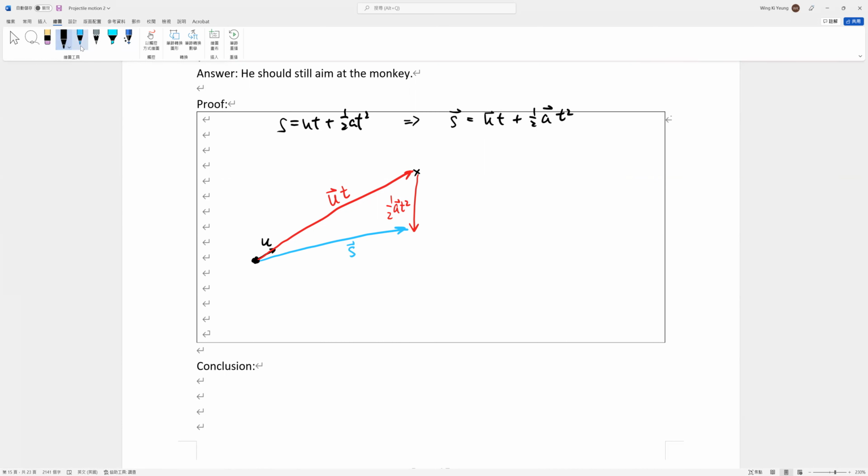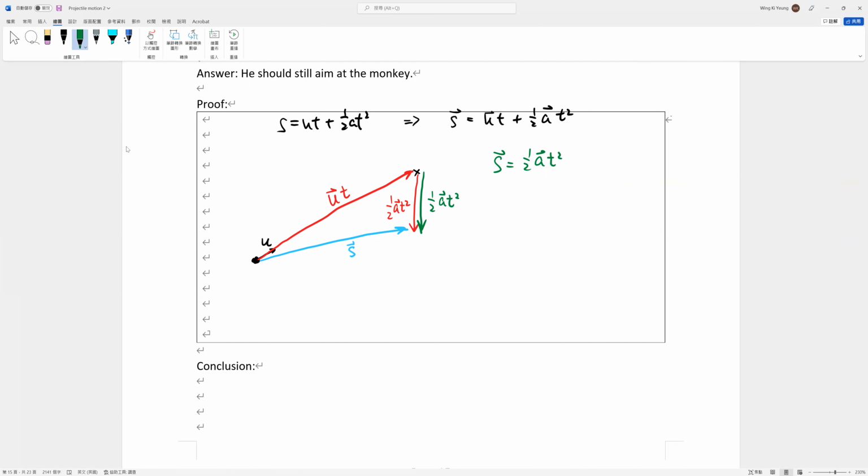And then the monkey is just free falling. So for the monkey, it has no initial velocity. The displacement of the monkey will be just half at squared, where a is g.